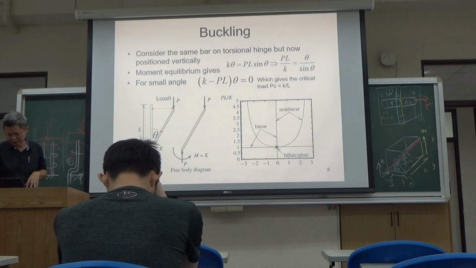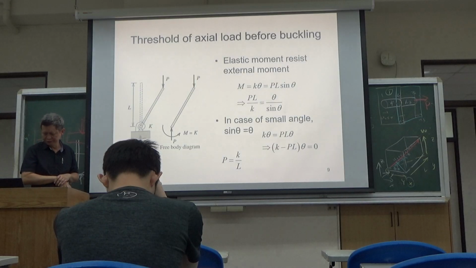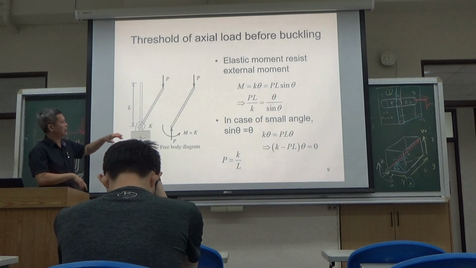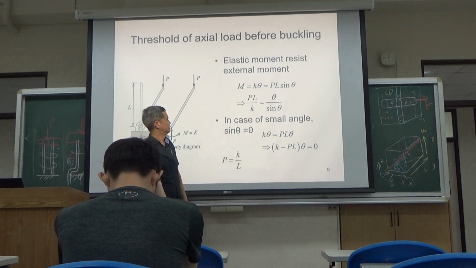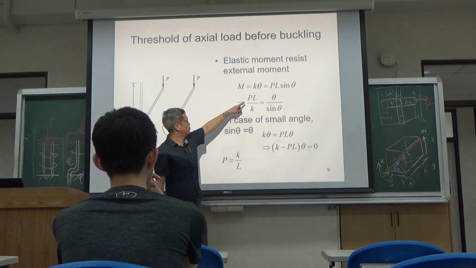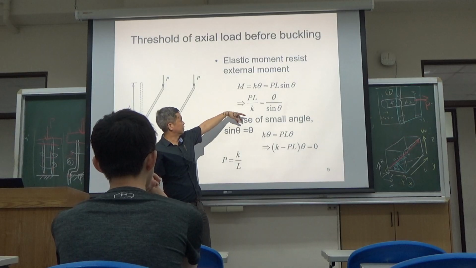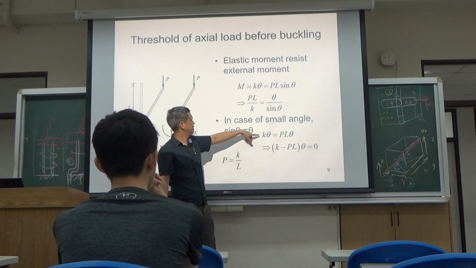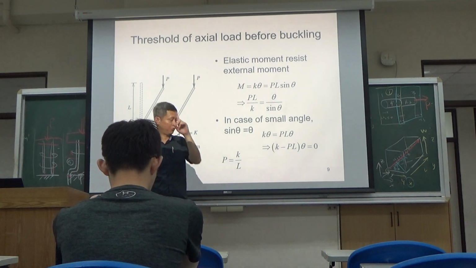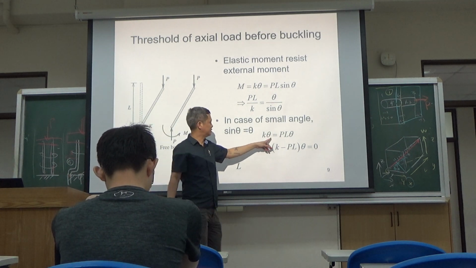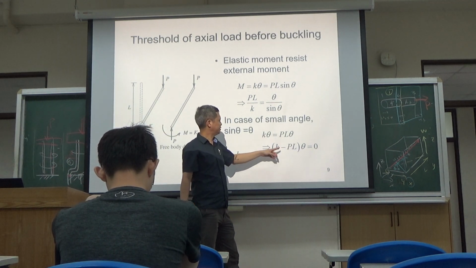So this is understanding. Okay, you can see here. So if they come to balance, but at small angle already, theta divided by sine theta is equal to 1 at small angle. So as a result, you can see the balance. Both sides have theta.